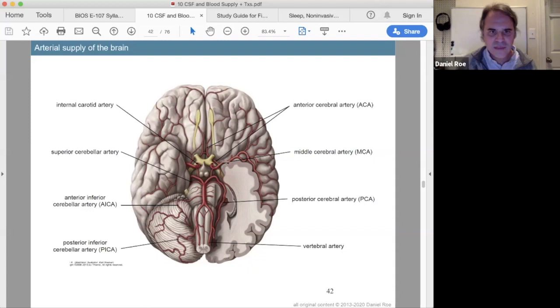Internal carotid, middle cerebral artery, and the anterior cerebral artery is a branch off the middle cerebral artery. So you can see the middle cerebral artery, let's follow that for a minute. It sort of goes between the frontal and temporal lobes, and you can see that here because the temporal lobe has been artistically removed.